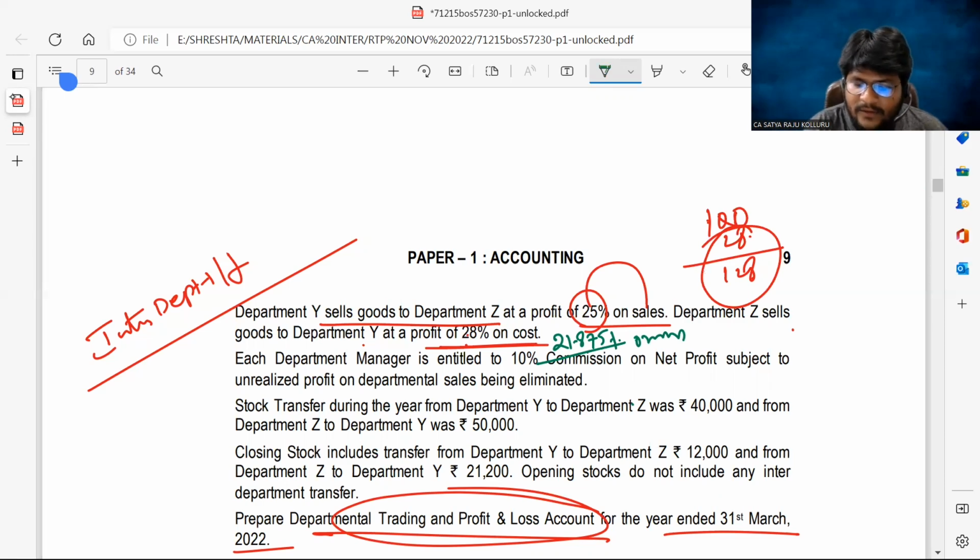Each department manager is entitled to 10% commission on net profit, subject to unrealized profit on departmental sales being eliminated.